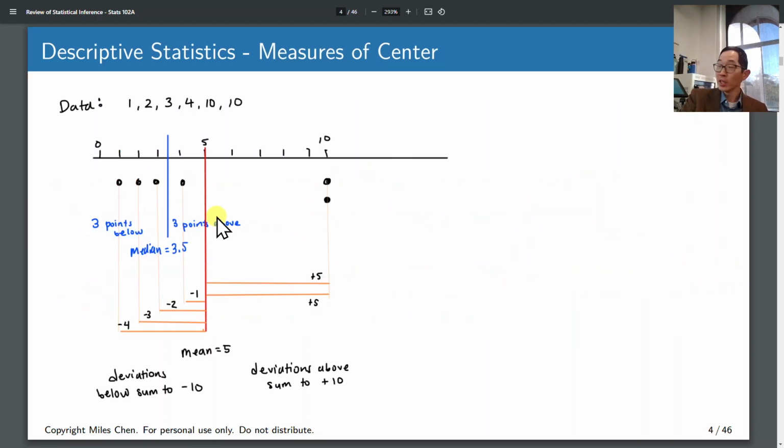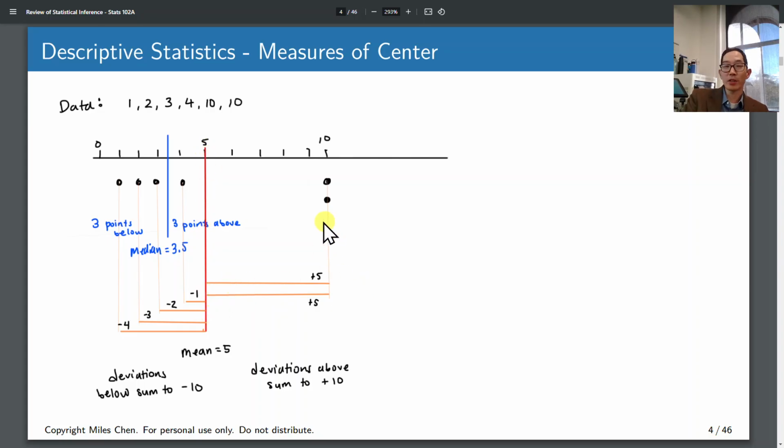Anyway, here's a little diagram. Let's say you have these numbers: 1, 2, 3, 4, 10, and 10. Six data points, and the median balances the number of data points. So you have 3 below the median, that's this blue line, and 3 values above the median. Whereas the mean balances the deviations. The mean is in red at 5.